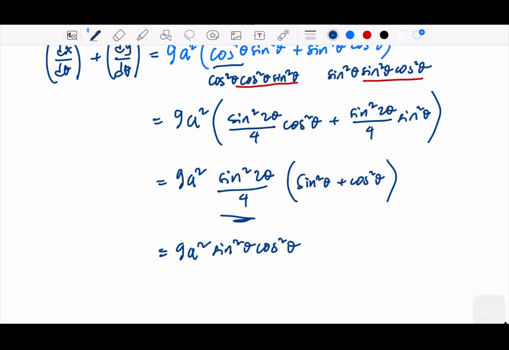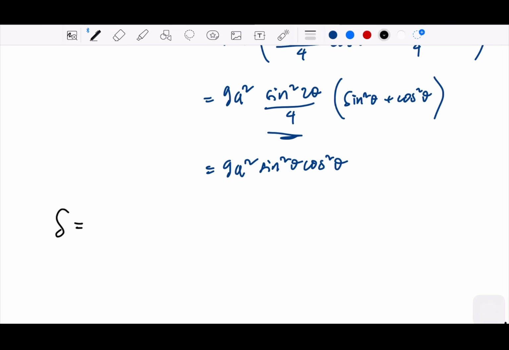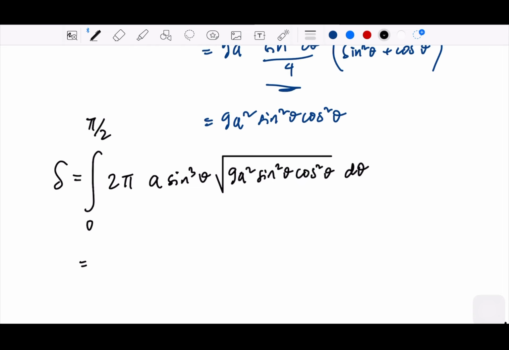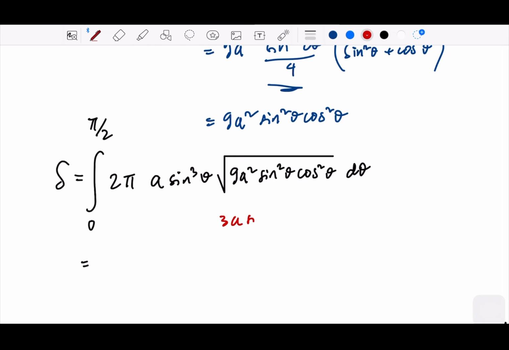Okay, done. Now we are going to take this into our integration for S. 2 pi y is a sine cubed theta, and then this times the square root of this, which will be equal to 3a sine theta cos theta, right?